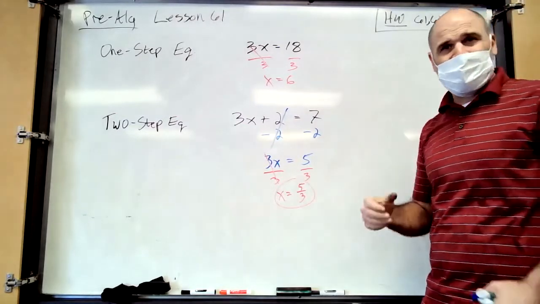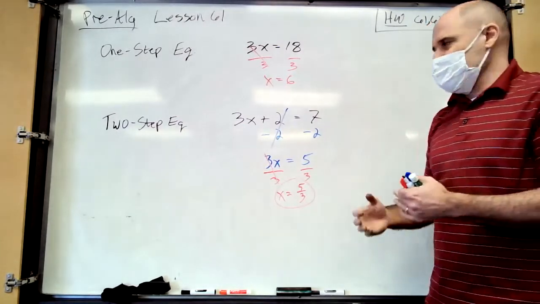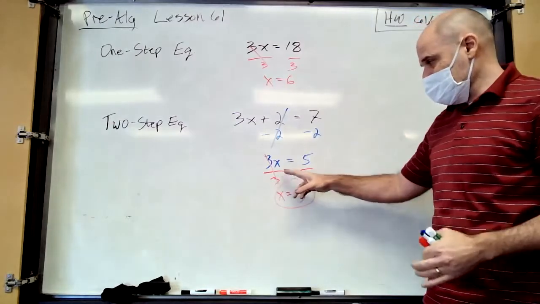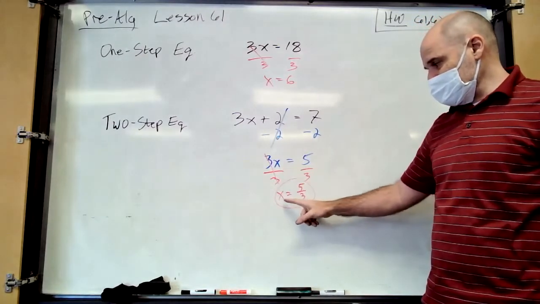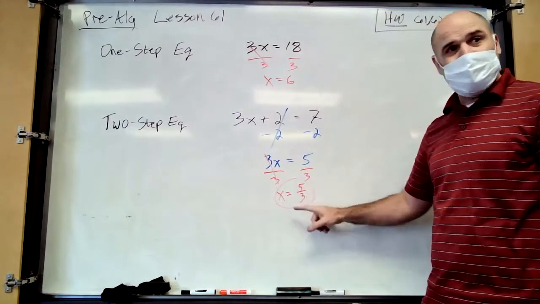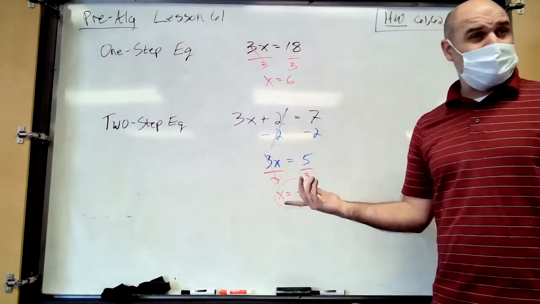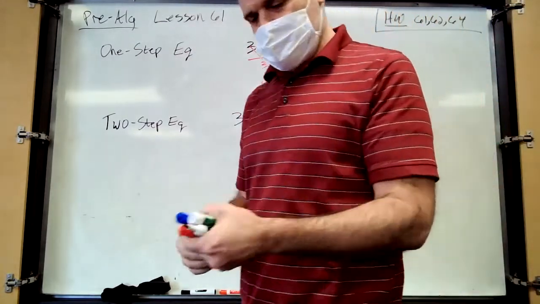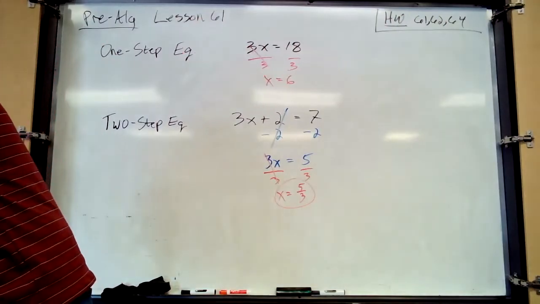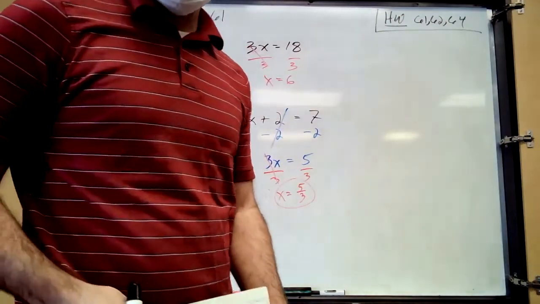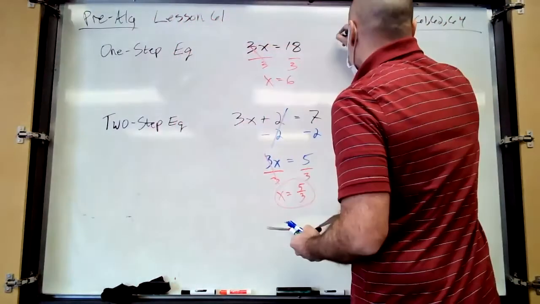Don't try to figure out what x is. Just get rid of everything except x, and what you're left with is x by itself, and on the other side is what it equals. Because it literally says x equals that. Okay, let's try another two-step equation. You ready? If you get this right, you get a Flack attack.